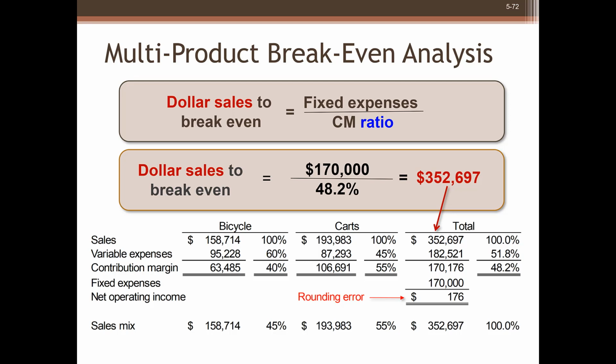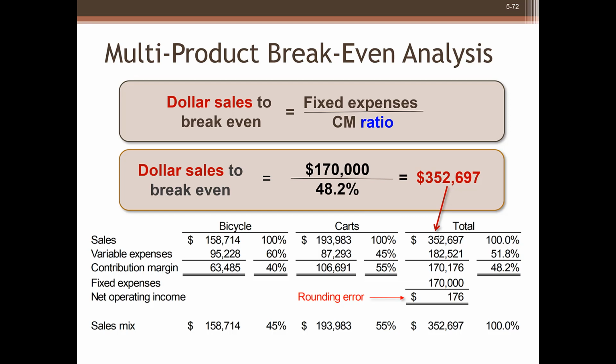Here, total dollar sales to break even, we put in this column because this is the total, $352,697. Keep in mind, sales mix remains constant, which means sales of bicycles should be 45% of total sales, and sales of cards should be 55%.